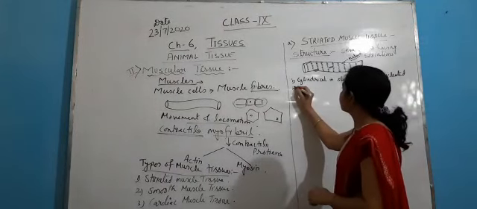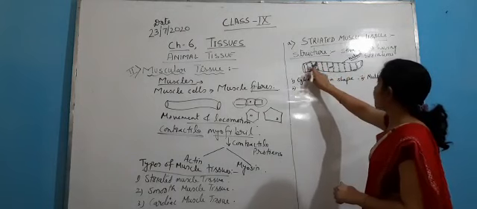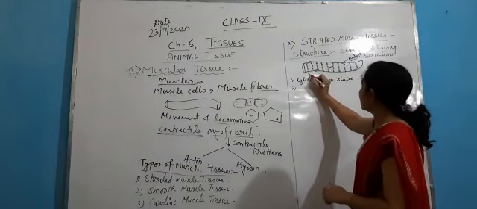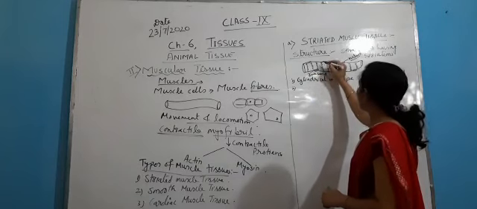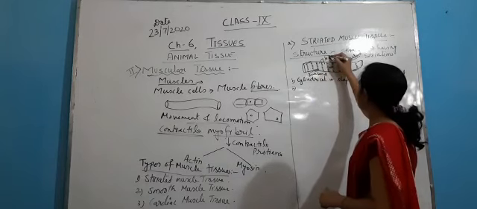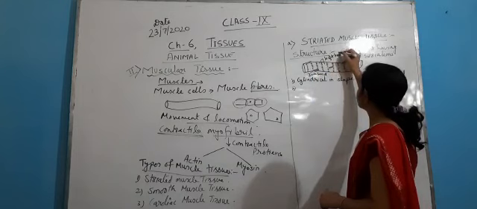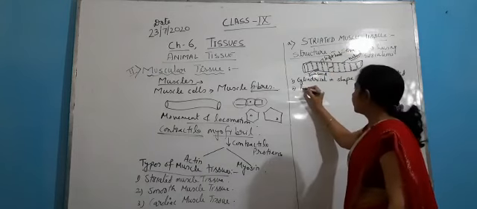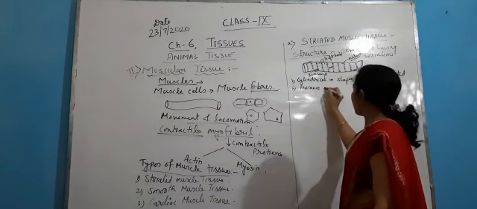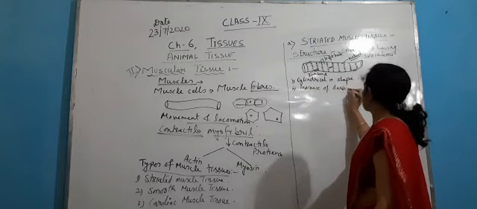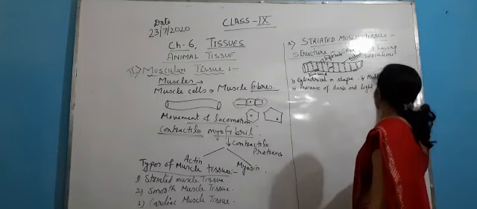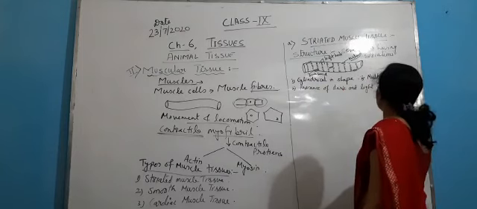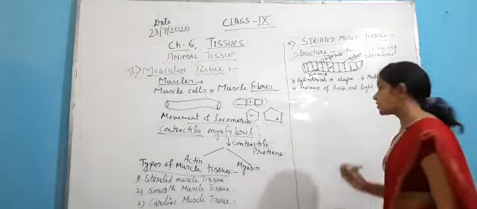The third thing which is visible here are these bands. This is the dark band and these are the light bands. Okay, so the presence of dark and light bands is collectively called striations.